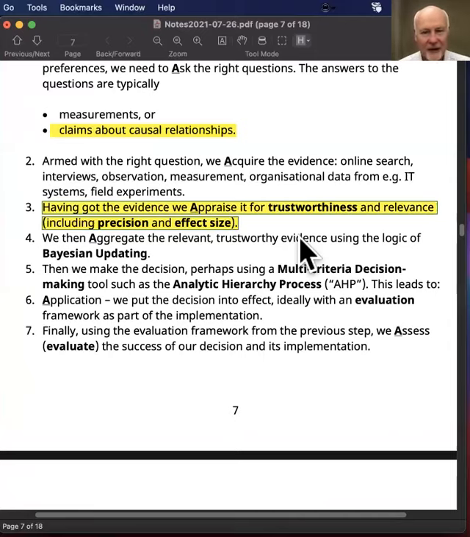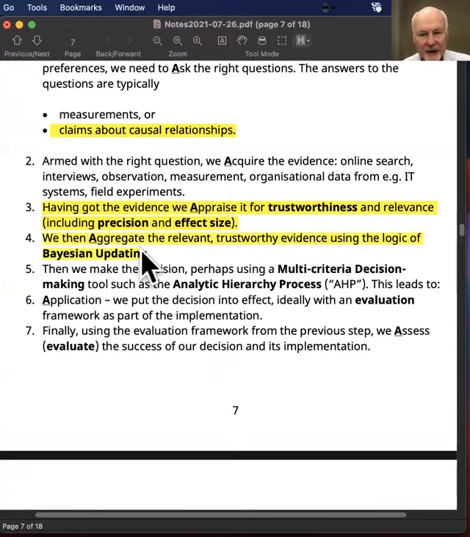There are issues about how the data was collected, and maybe it's done in an environment or a context which is very different to the one where you're looking at actually applying it. So appraisal is difficult, and as I said on Monday in this course, we're kind of starting you on the path to getting better at it. But it takes a very long time to become a real expert at that.